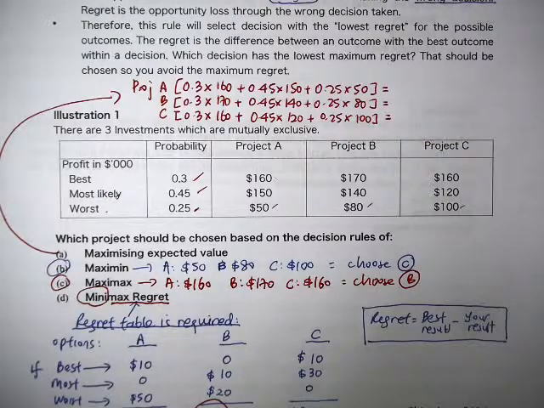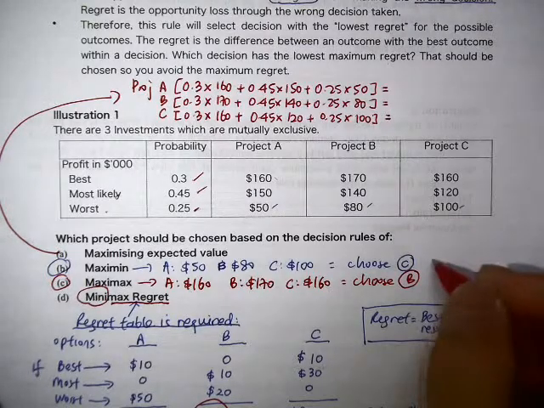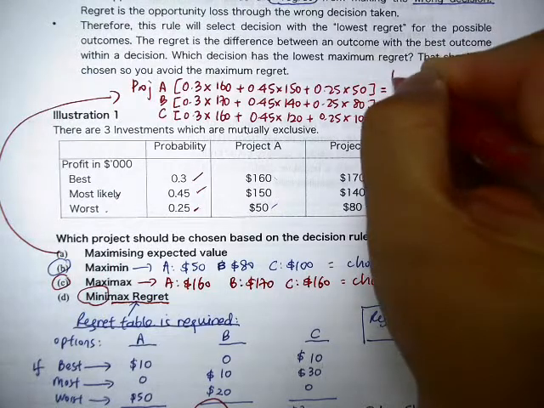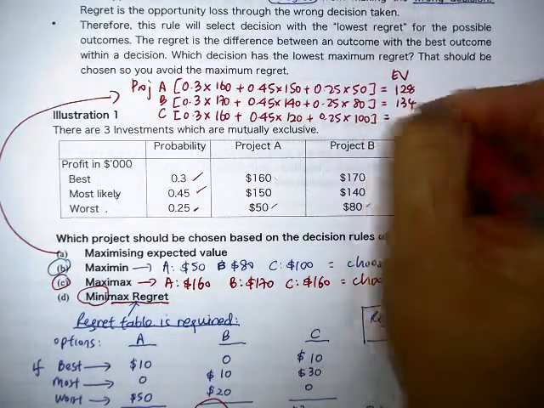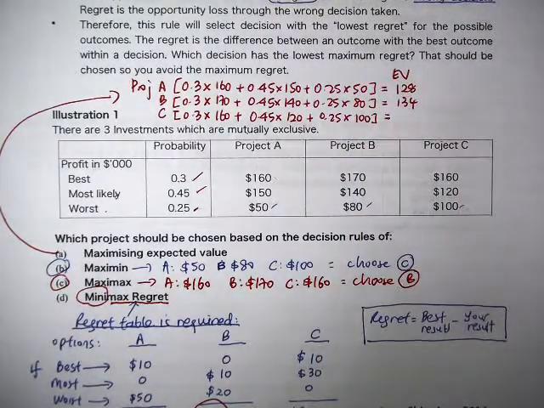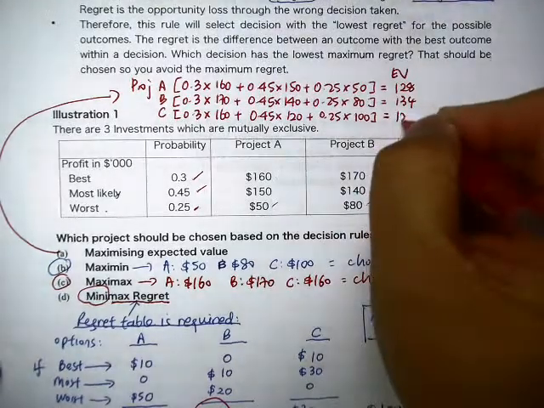Now the way to calculate expected value is like that, okay? So 128, 134, 127.